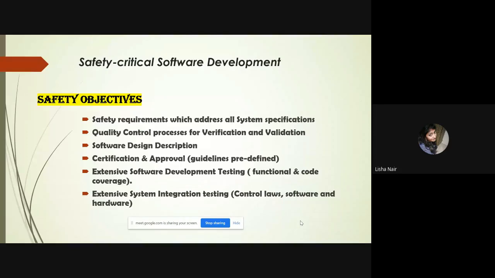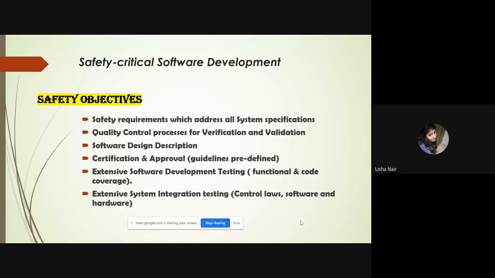When you say extensive software development testing, it's about the functional and code coverage. So you verify whether the functionality works as per the expectations of the system, and whether the code has achieved all those specifications, and have you covered all the functionalities. So this is what is done with extensive testing while in development.